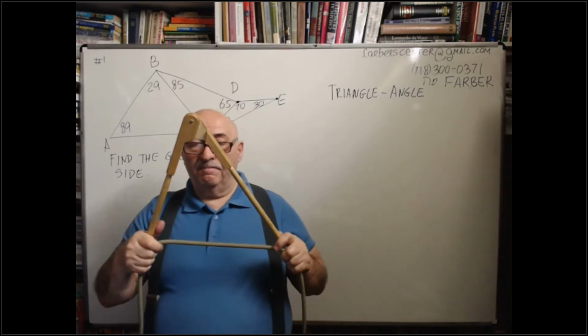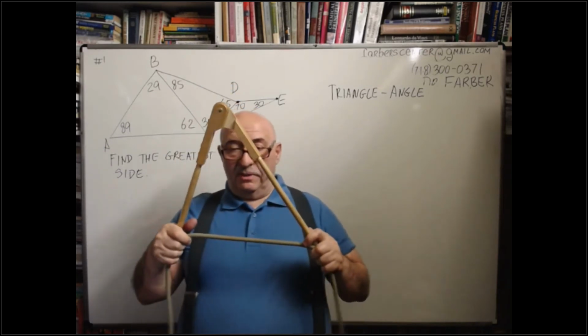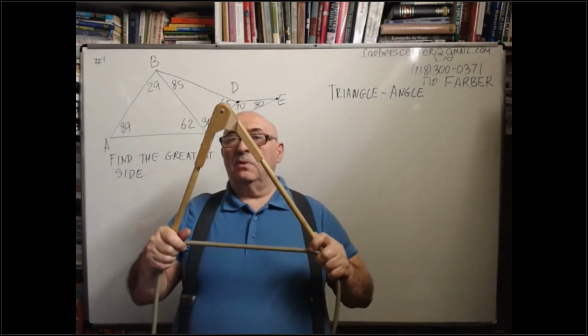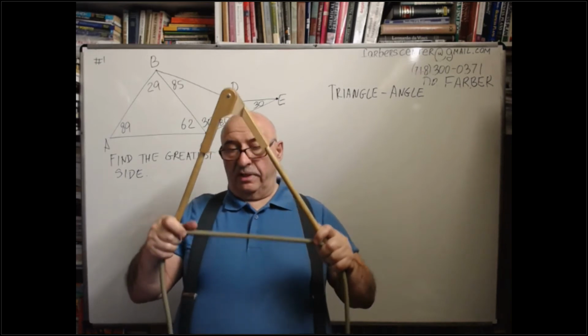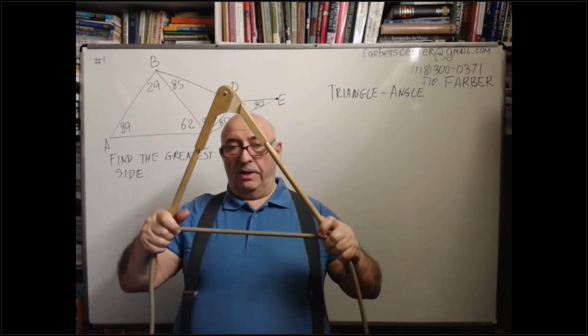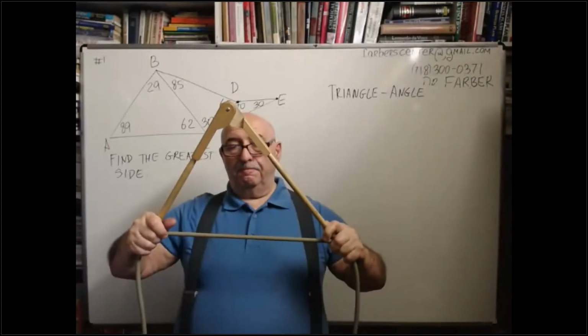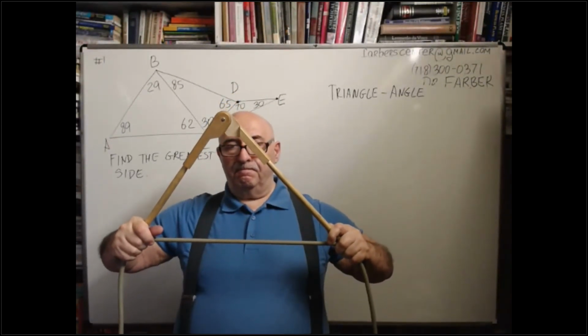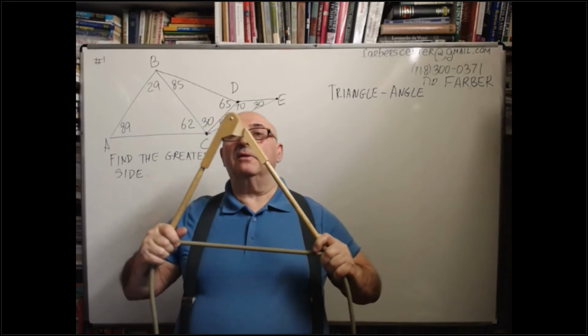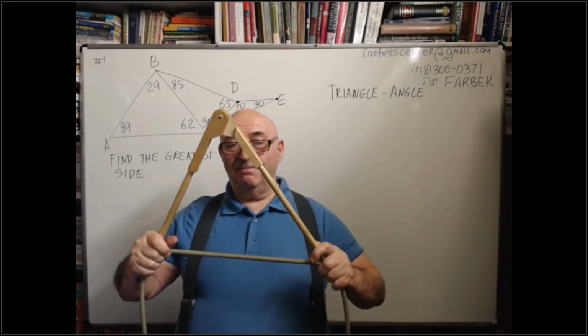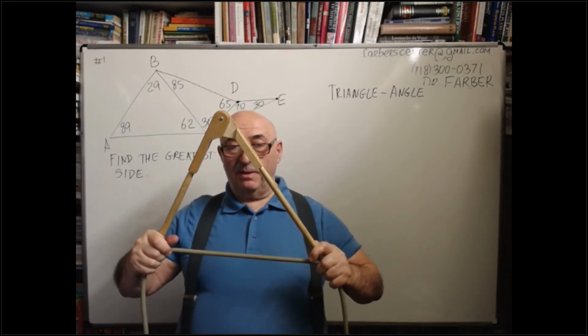Now I practice with this expander. Look at this angle and this side. Now I make the angle bigger. Does the side become bigger or smaller? So again, when this angle is bigger, does the side become bigger or smaller?